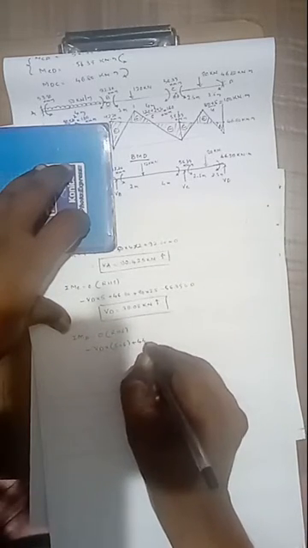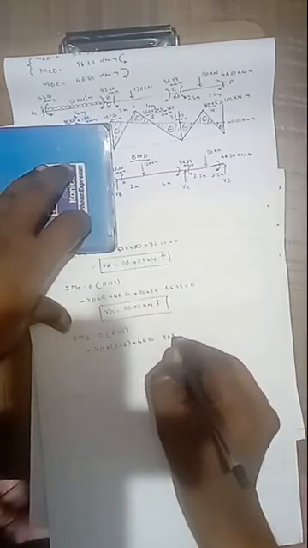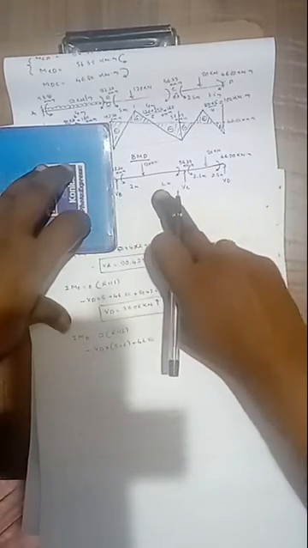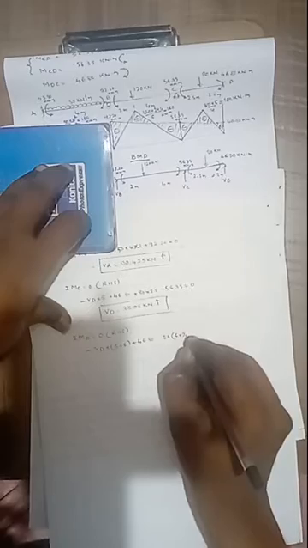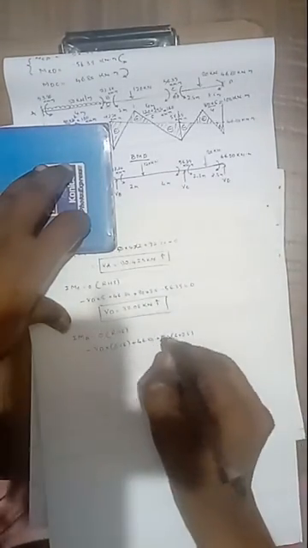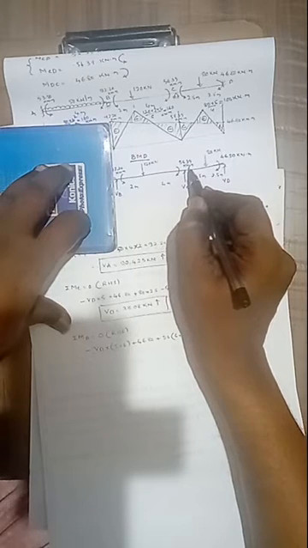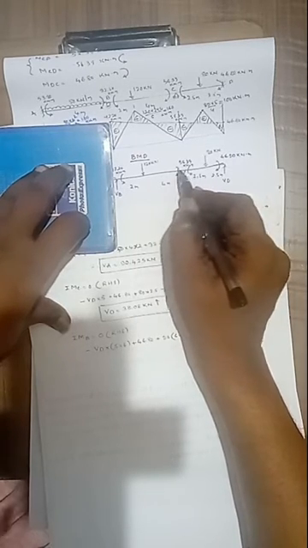Start from one end: VD, already calculated, into distance 5 plus 6, that moment is anti-clockwise. Then the moment 46.8 is clockwise. Then the moment due to the 80 point load, with distance 6 plus 2.5, is clockwise. These two moments, one positive and one negative, sum to 0.